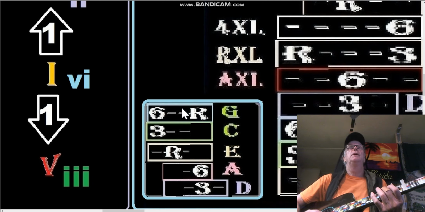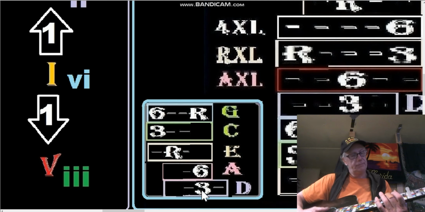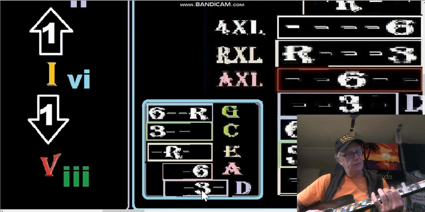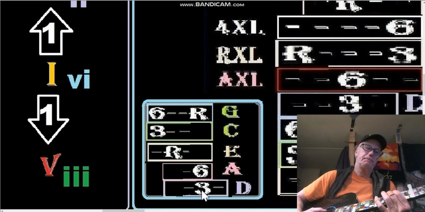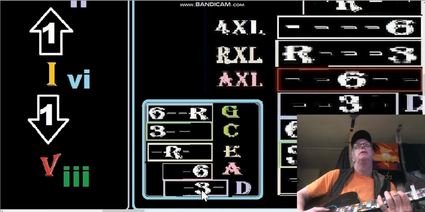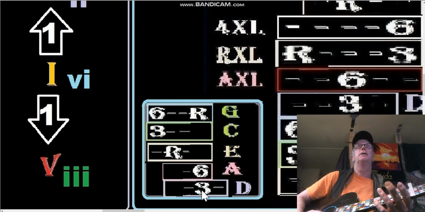Now remember that we're starting with the G here, so it's 6 root to 3 on the D. Because remember that G diatonic goes like, so we have, there's our little E minor right there.